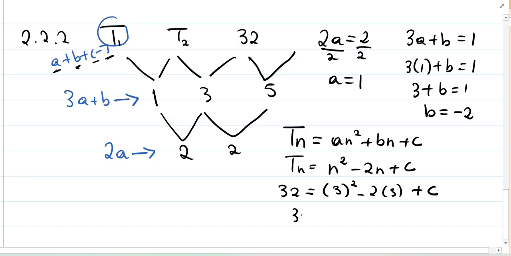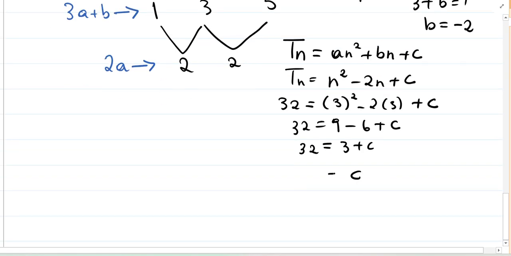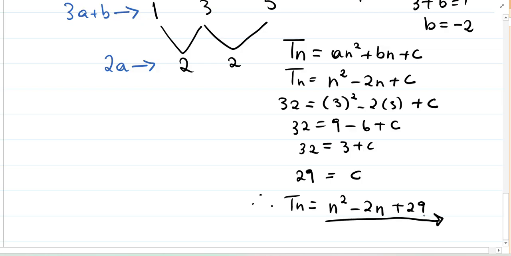Then I solve for c. So this is going to be 9 minus 6 plus c. 9 minus 6 is 3. 32 minus 3 is 29, meaning that Tn is equal to n squared minus 2n plus 29. That's how it goes.